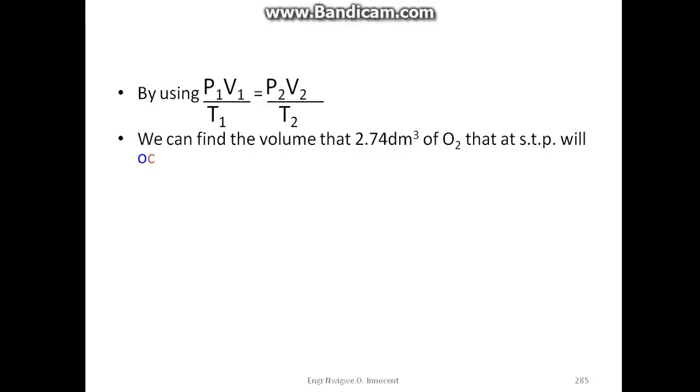By using the general gas equation P1V1 over T1 equals P2V2 over T2, we can find the volume that 2.74 dm cube of oxygen at STP will occupy at 27 degrees and 740 mm pressure.